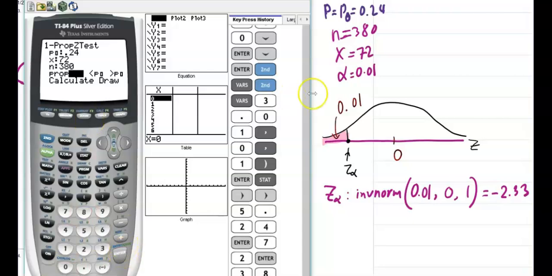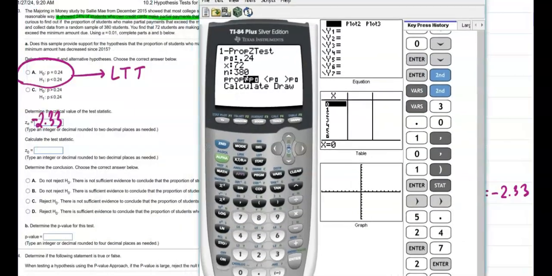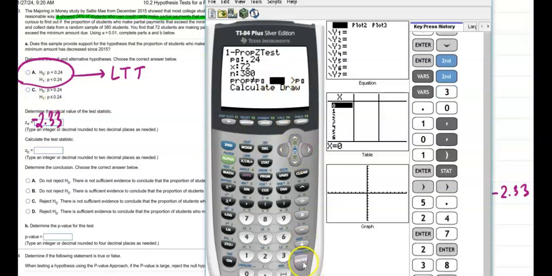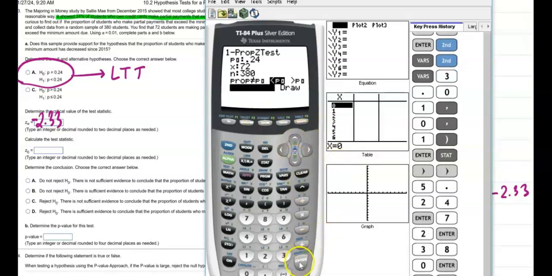This is the left tail test because of less than, so you choose this second option. So go to the next one, enter. Scroll down to Calculate. Highlight Calculate, enter, and you get the test statistic, negative 2.30, it depends on how many decimals, 2 decimals, so negative 2.31.